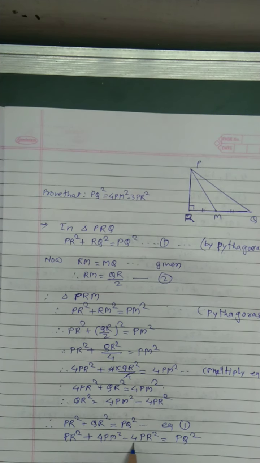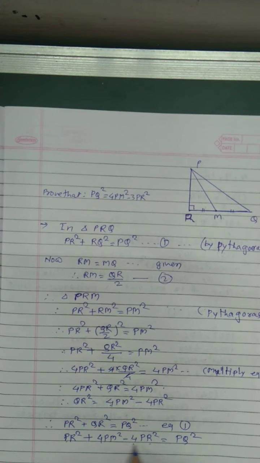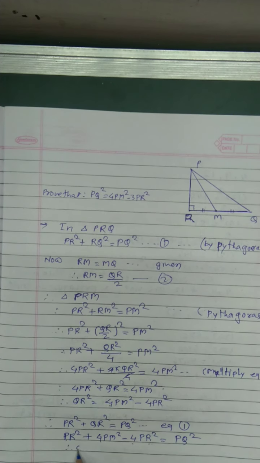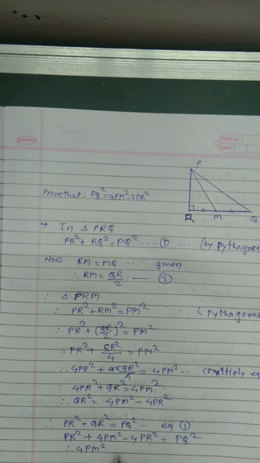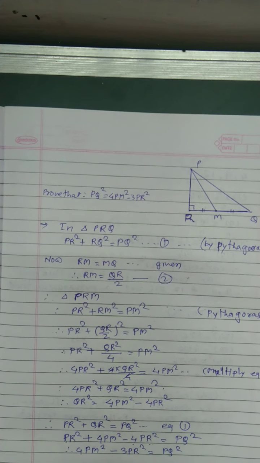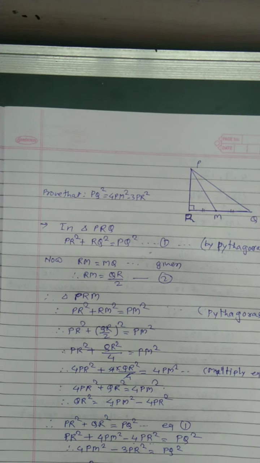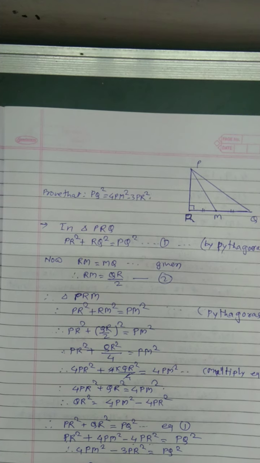PR square minus 4 PR square, we get 3 PR square. Hence 4 PM square minus 3 PR square is equal to PQ square. Right? Here is PQ square first. Hence PQ square is equal to 4 PM square minus 3 PR square, which is proved.